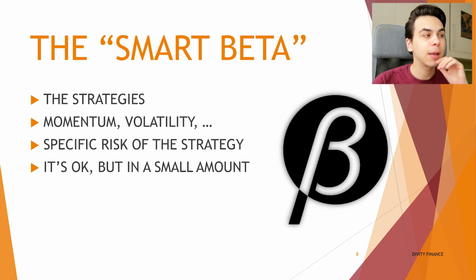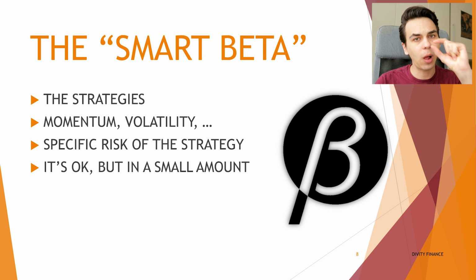Problem is, these strategies have a specific risk. If you watch the video on investment, you know that with diversification, we try to take that specific risk as low as possible. We don't want specific risk when we talk about investments. And so, if we introduce a smart beta ETF inside our portfolio, we are introducing specific risk. Therefore, if we want to use smart betas, we need to use them in a very small amount.